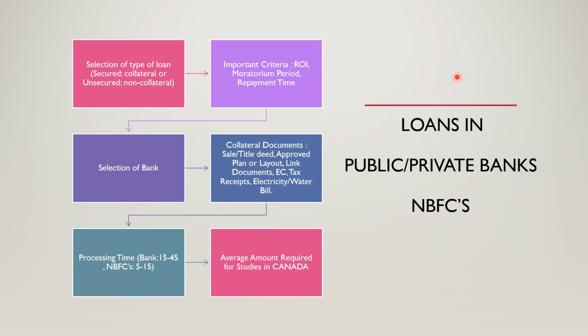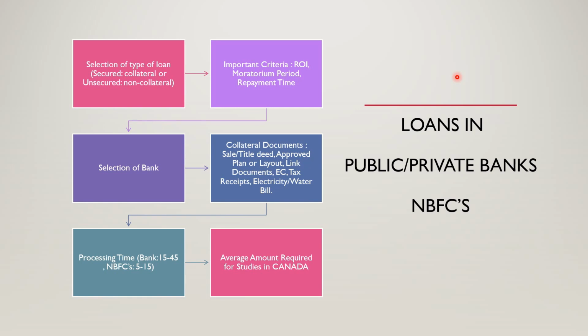Once you select the bank, let's say based on the above criteria that I have mentioned, you will need some documents. Let's say you have selected a secured loan. In that case, you will need the sale deed or the title deed of the property. I'm just talking in case of land or a property, like a flat, a building, or an individual house or something like that.